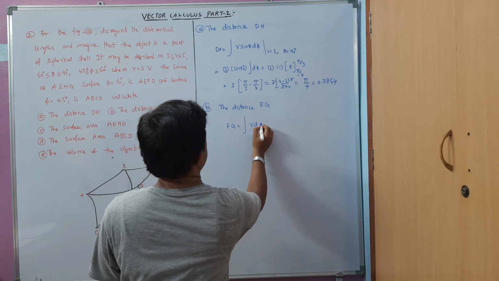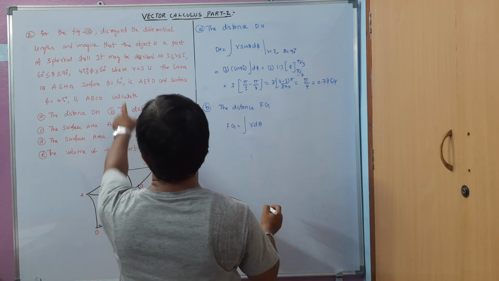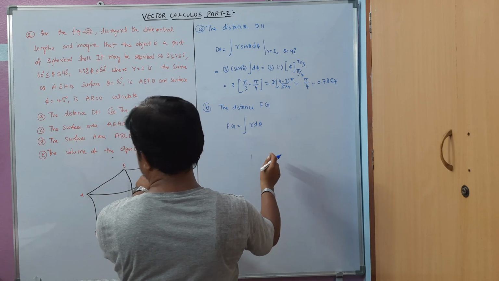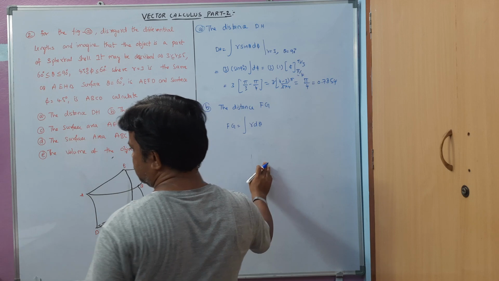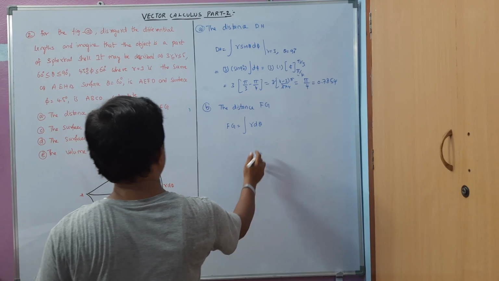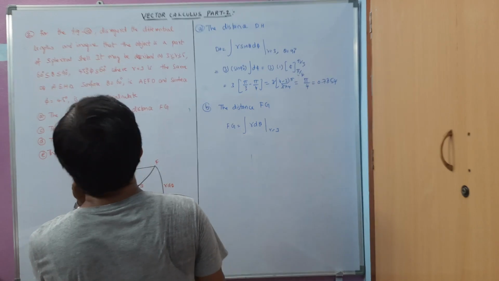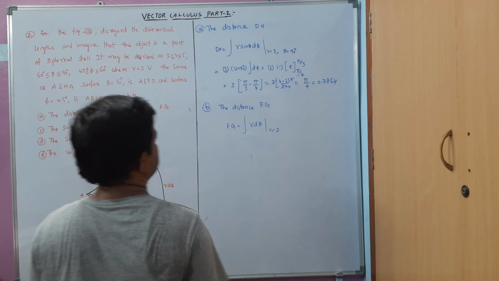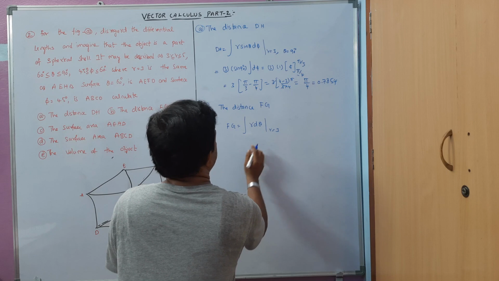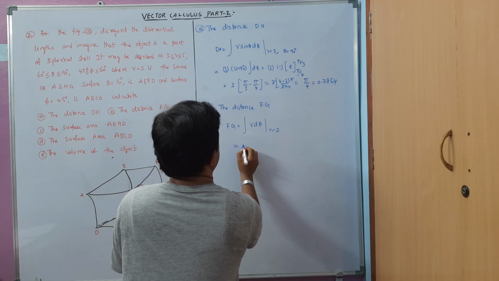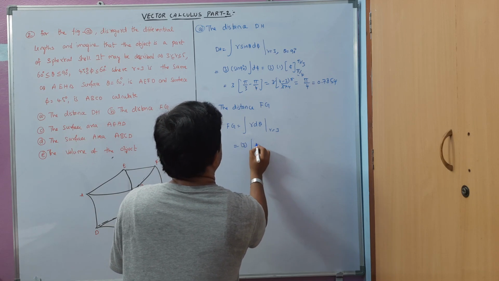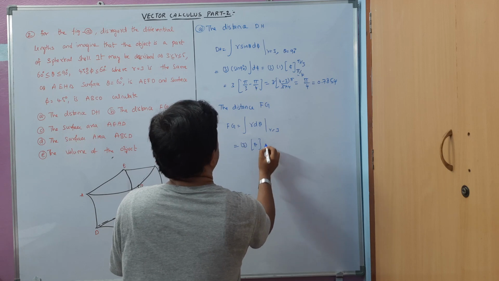At this one r will be equivalent to 3, at r equal to 3, and theta is varying from 60 to 90 degrees. So I can take r, that is 3, into d theta.